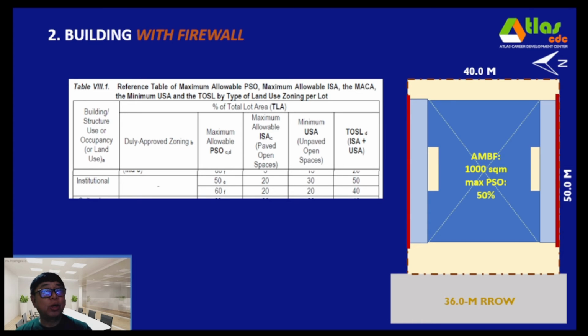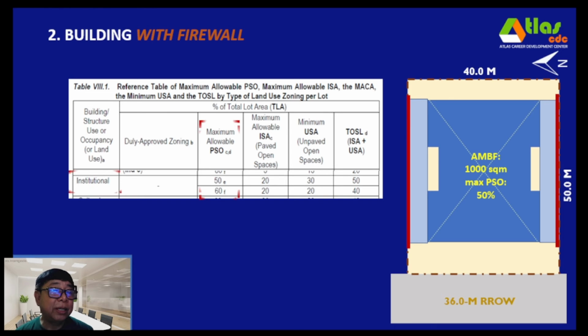So kanina, ang ating value sa without firewall is 50% of the TLA coming from this table 8.1. So therefore, if we are to determine the value of our maximum PSO with firewall, it means we only have to follow the same table. 60% will be our maximum PSO.